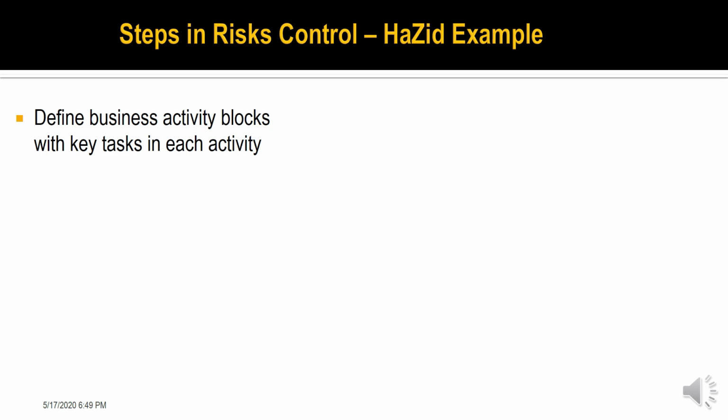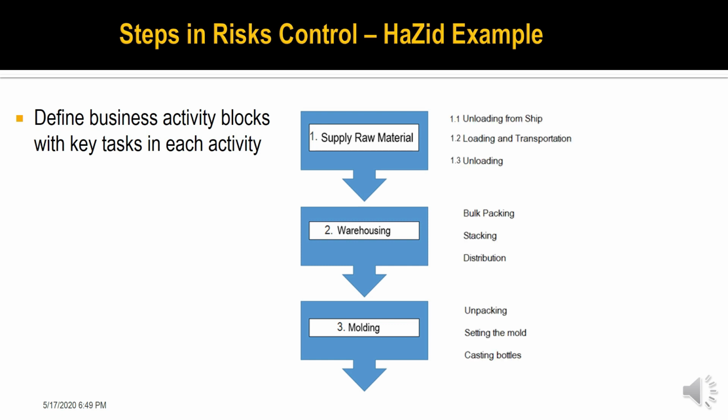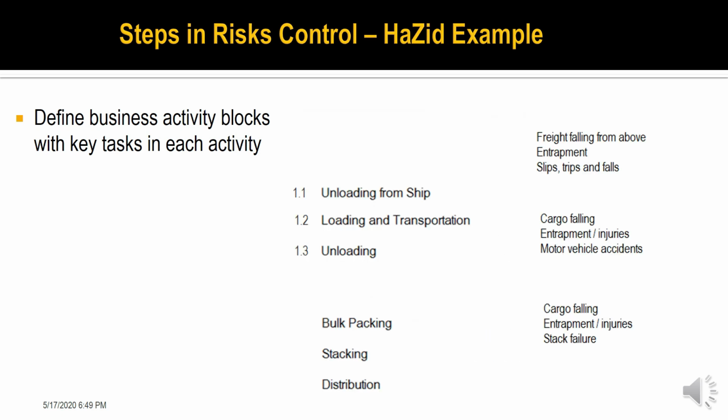Now for ease of understanding, I am going to show you with examples how it is done from the beginning. I ask you all to define your business blocks and key activities for each of them. This is an example which I have quoted earlier. These are the business blocks. In this business block, we identify activities. Then we evaluate them into tasks.